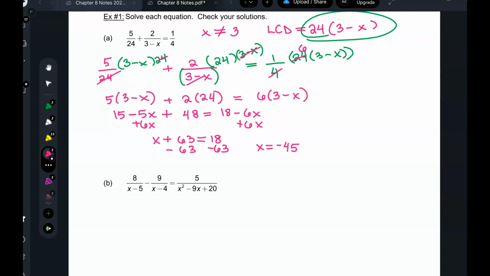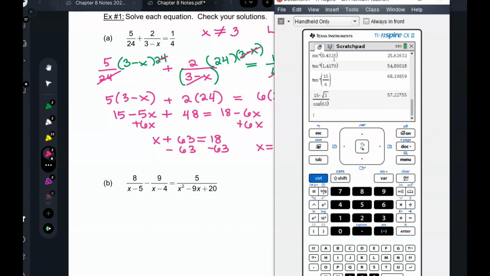Okay, just to save some time, I'm going to check that answer using the calculator. So I have 5 over 24 plus 2 over 3 minus negative 45.